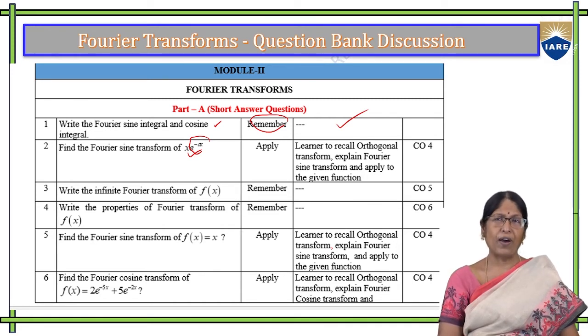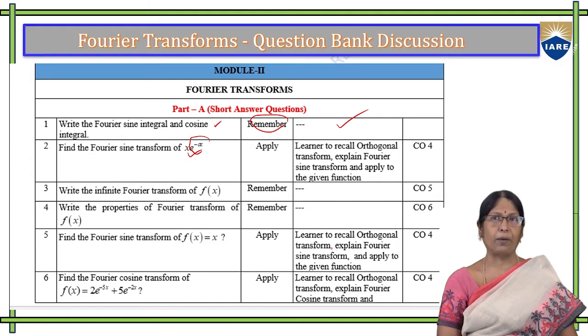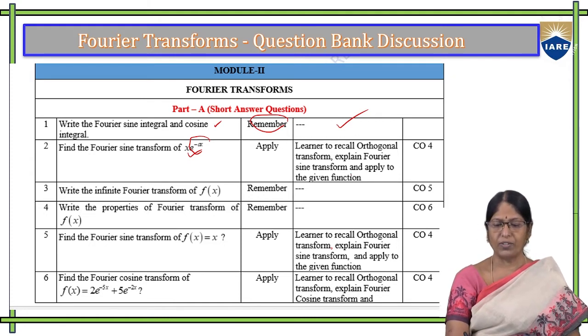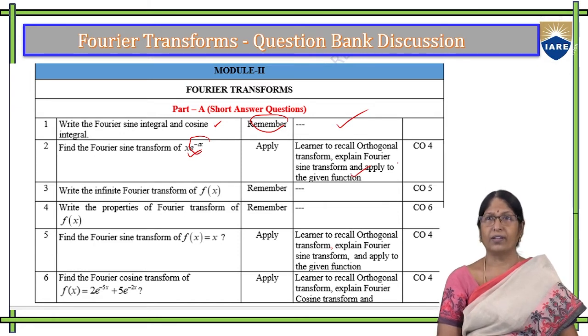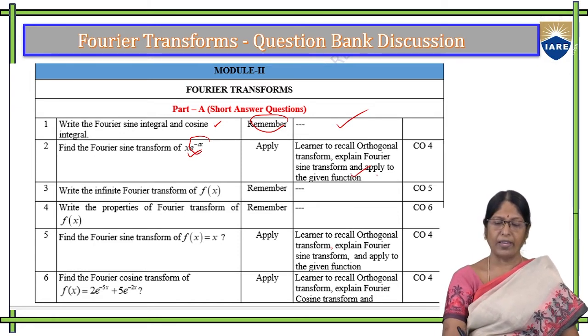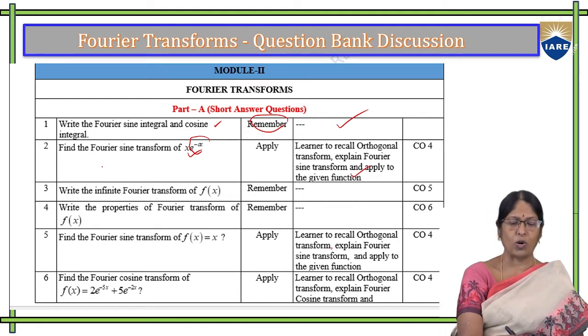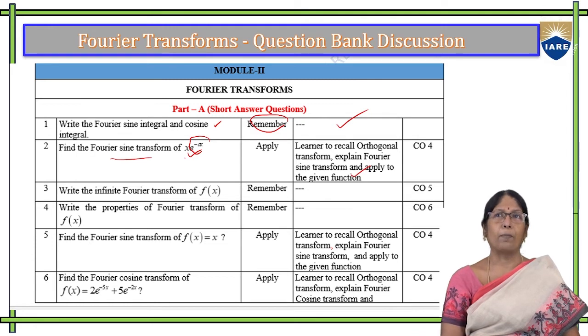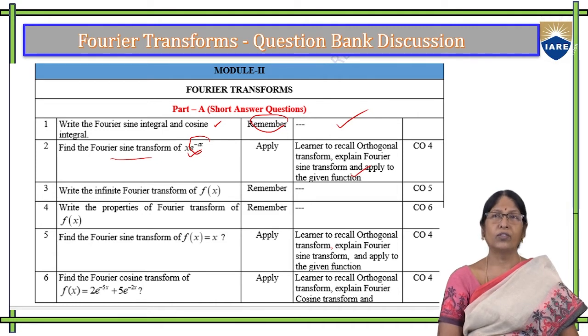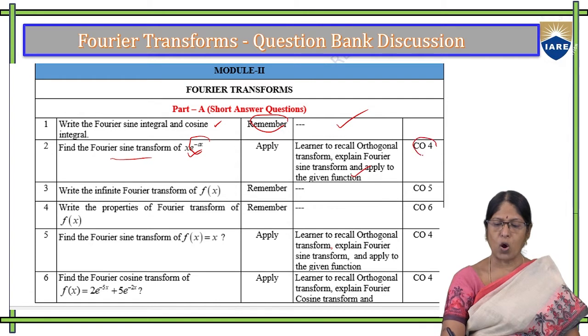We have to understand how the defined formula fits our problem, and after understanding, we apply it directly. Recalling the transformations and applying the correct Fourier sine transform formula to the given function, the three levels remember, understand and apply are satisfied. Here the course outcomes are also given.